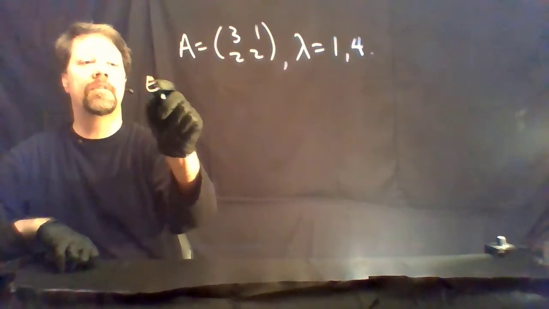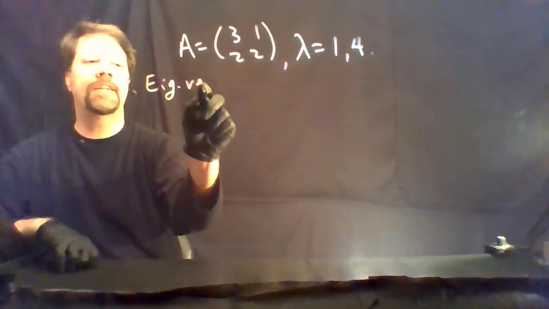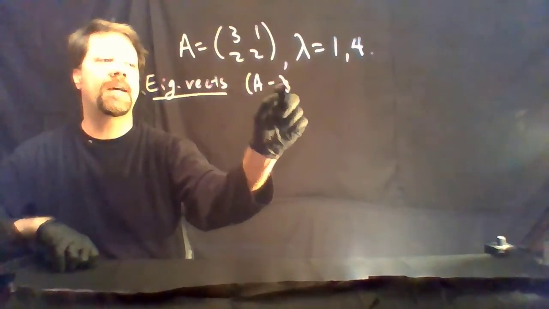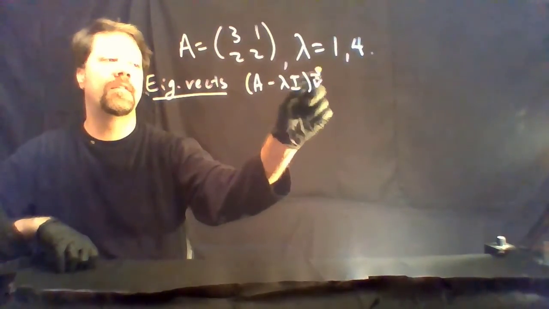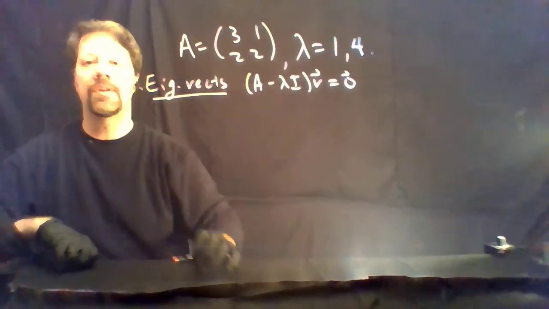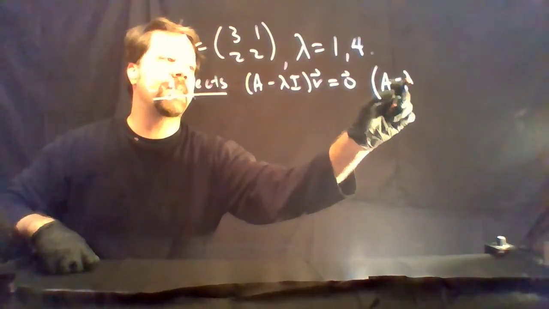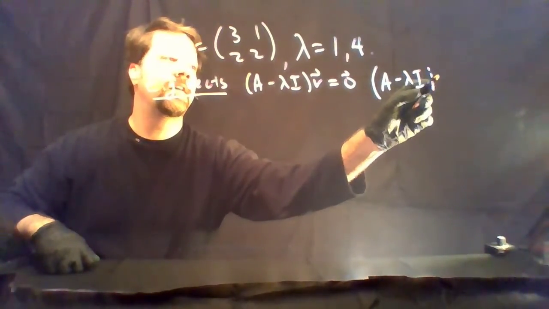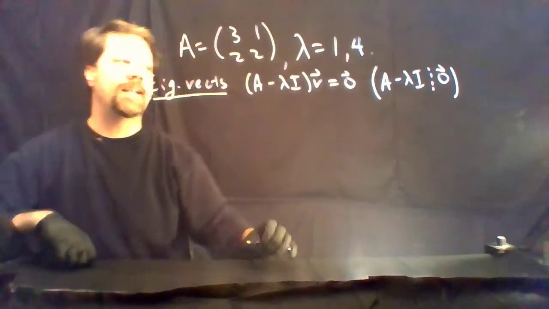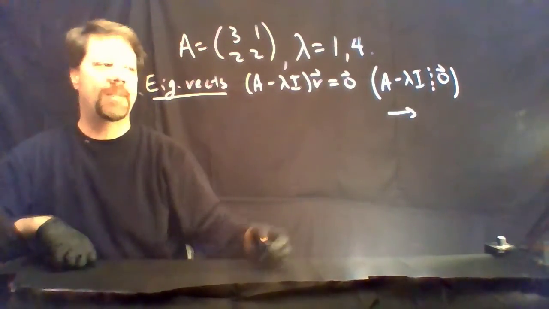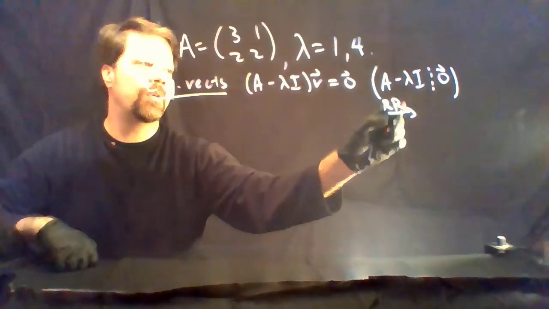So in pursuit of the eigenvectors, remember that these satisfy the equation A minus lambda I times v equals 0. We may always write this as A minus lambda I augmented with 0 as an augmented array, and then solve this by Gaussian elimination, finding the reduced row echelon form.